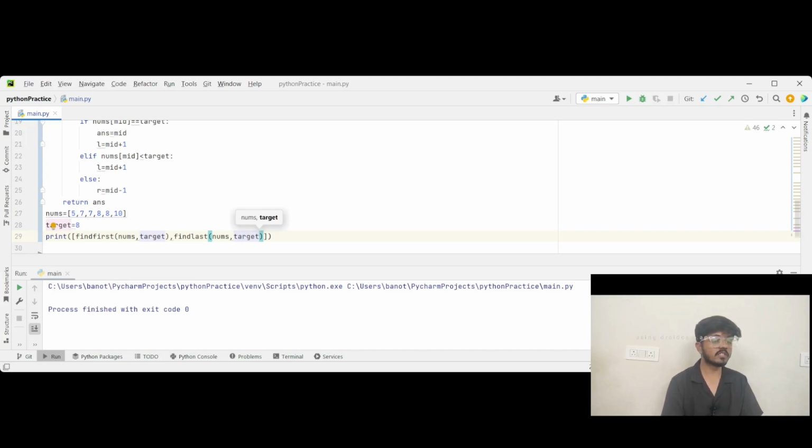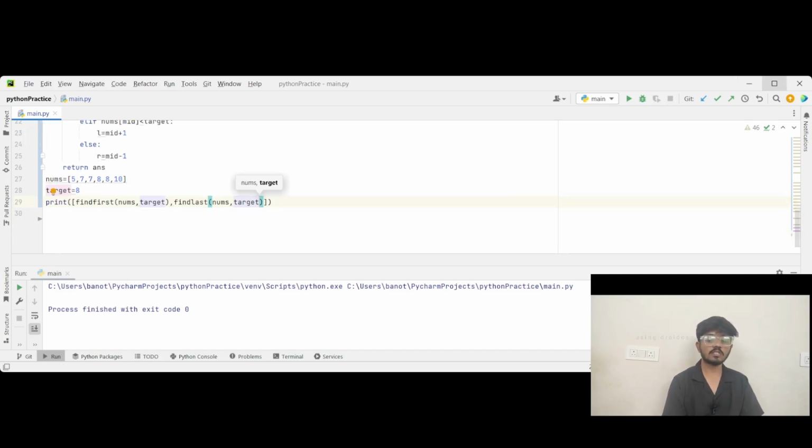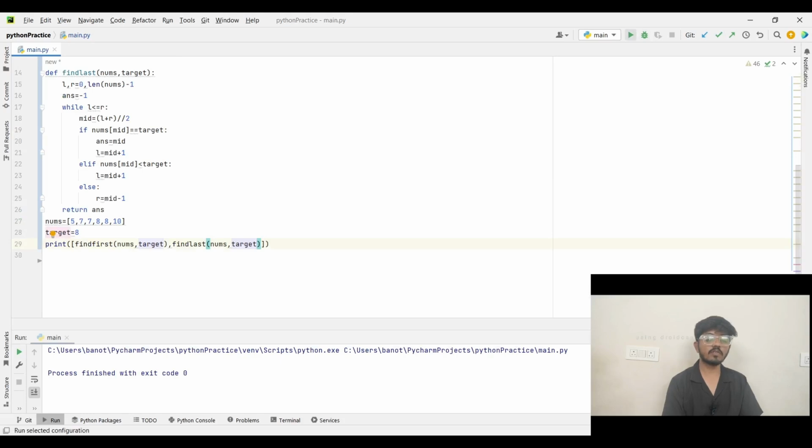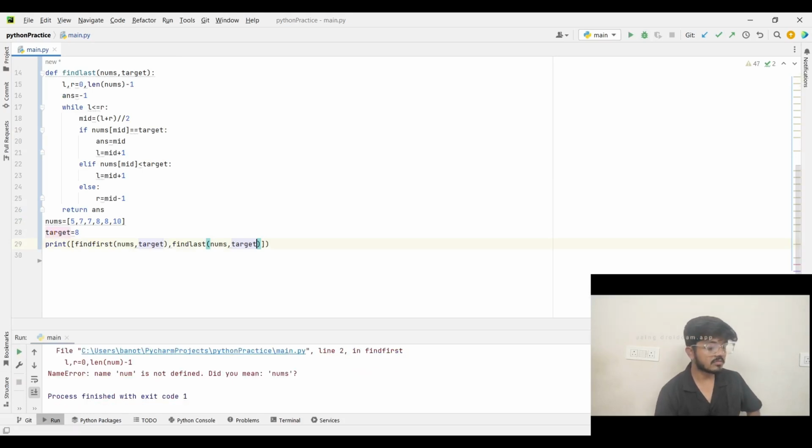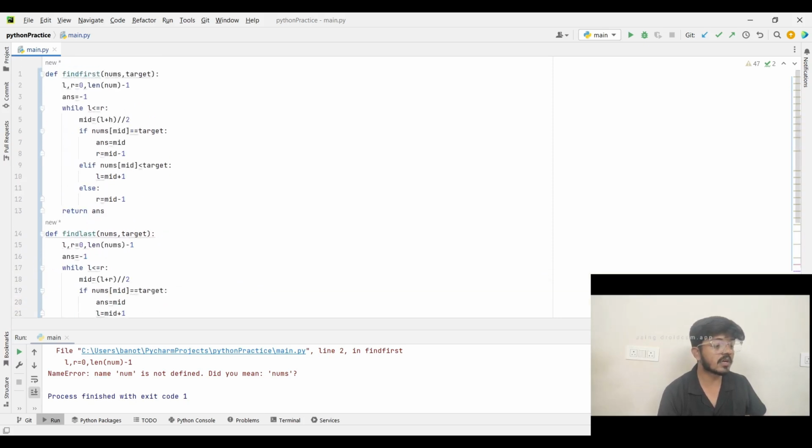So if I run this code now, let's check if there are any errors or not. There is a name error: num is not defined, I think. I gave num, but that is nums only. That is in line 2, I think. Yeah, here it is num, but this should be nums.